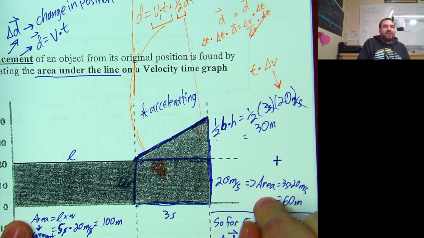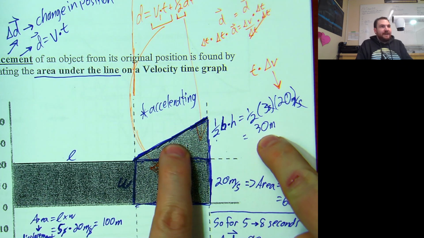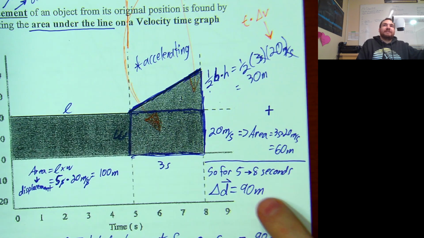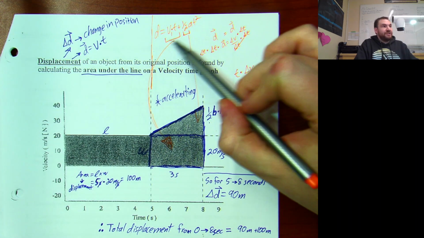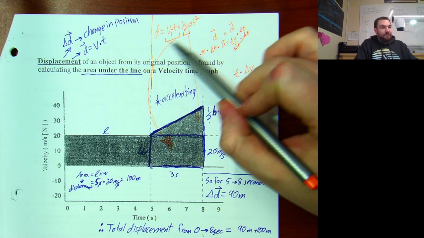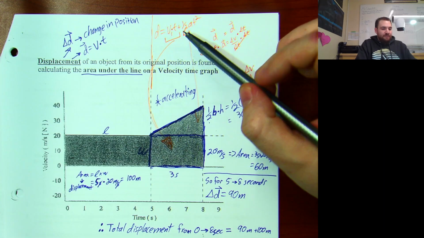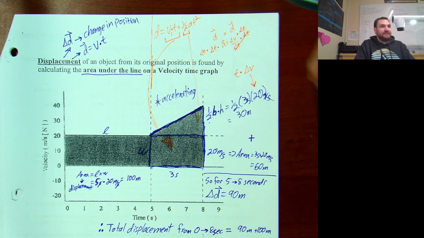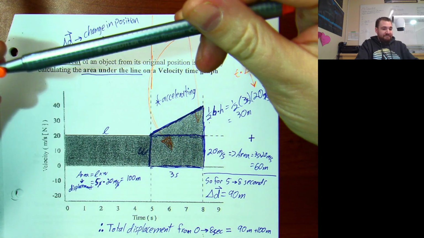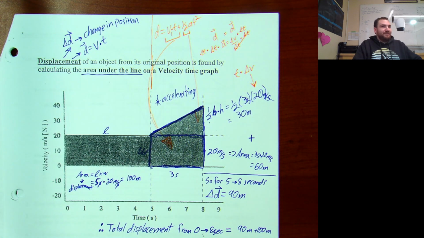I had one chunk of my displacement plus another chunk of my displacement equals my total displacement. And that's where this equation up here comes from. That larger, nastier kinematic equation comes from the graphical analysis of a velocity-time graph. For those of you that cared, there it is. For those of you who had no desire to know where it came from, you just want to know how to use it, forget that the last 5 minutes just happened.